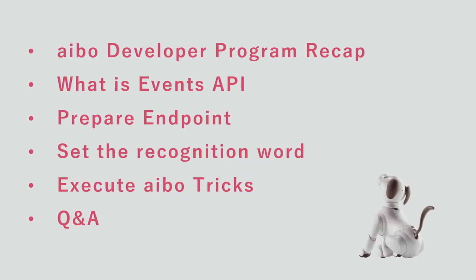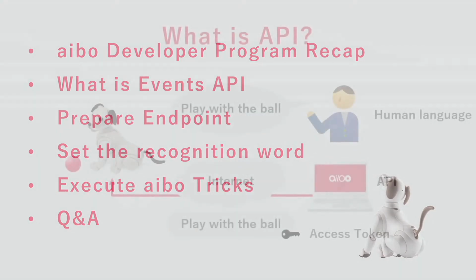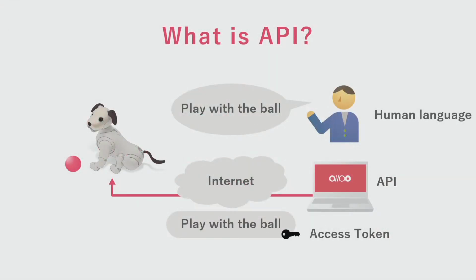So let's move on. So what is API? API is abbreviation of Application Programming Interface, and that interface enables us to control aibo.